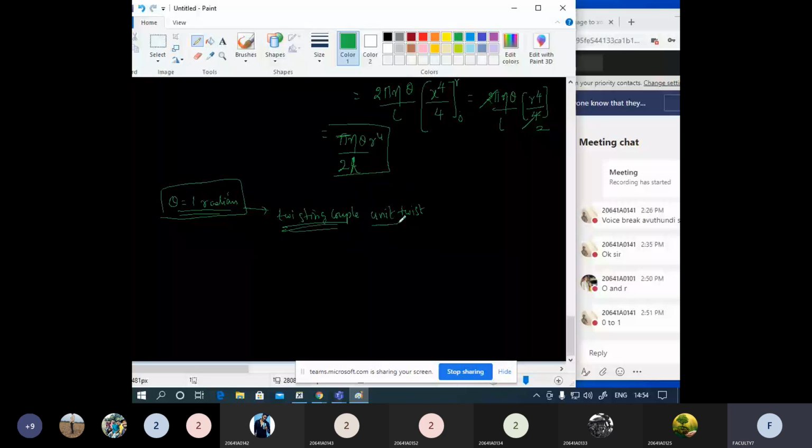What is the meaning of unit twist? It is nothing but theta equals 1. If you are taking radians, the entire circle you are considering. So for radian, you are going to take theta equal to 1. Now substitute theta equal to 1 in this equation. Substitute here. So then what will you get?